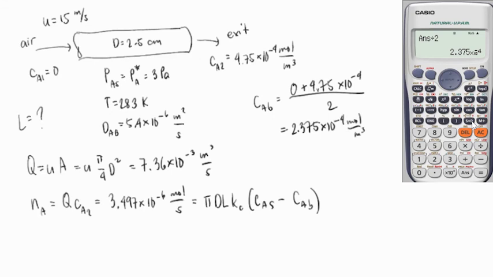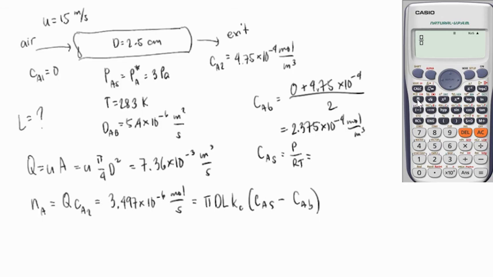How about the concentration of A at the surface? Well, this is a vapor system, so the concentration is simply P over RT, wherein P is the partial pressure of naphthalene at the surface. Now, we will be assuming that the partial pressure of naphthalene at the surface is equal to the vapor pressure of naphthalene. The problem has already stated that the vapor pressure of naphthalene at the stated 283 Kelvin temperature is 3 pascals.